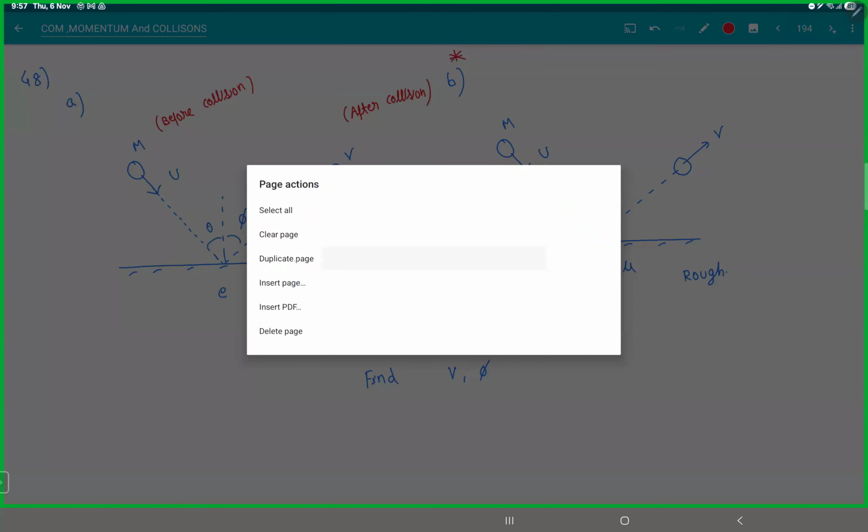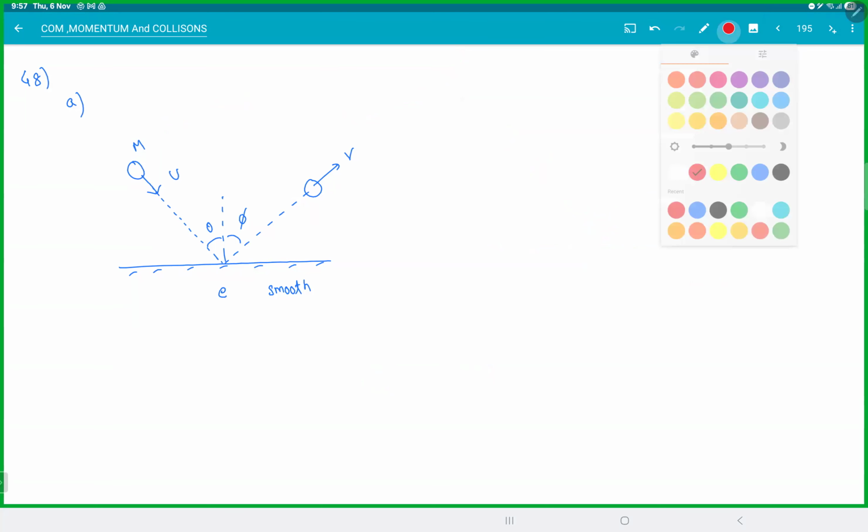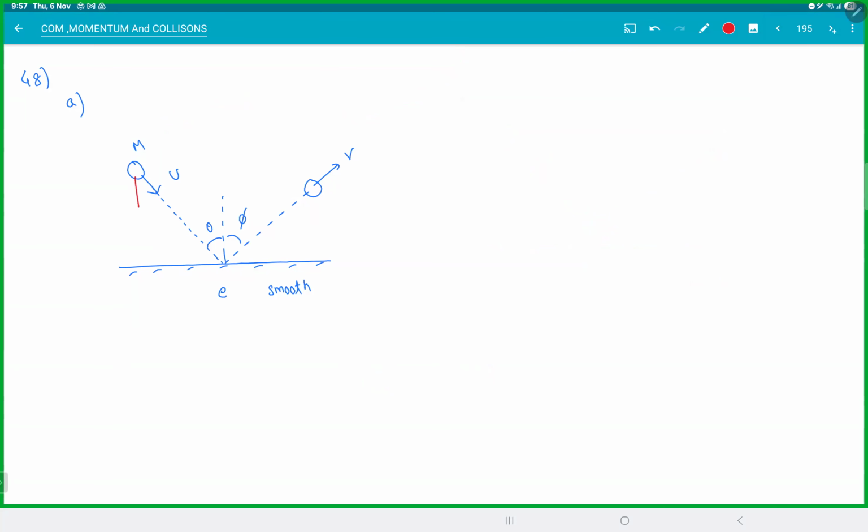Just now I told you, when you go and hit a floor, only the velocity along the normal will change. So resolve the velocities here. If you resolve the components, this is also theta. This will be u cos theta. This will be u sin theta. And we saw in head-on collision, whenever you hit the floor with a speed u cos theta, you'll bounce back with the speed of e u cos theta.